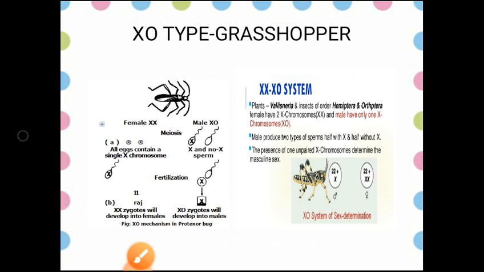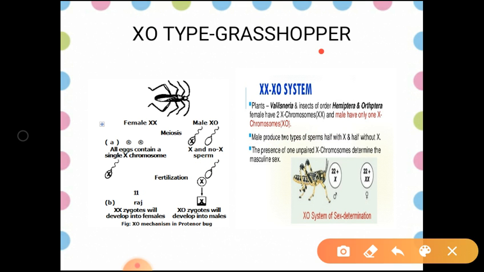Now, let us take the mechanism in an insect like the grasshopper. Here, what is happening? The male insect is again heterogametic and the female is homogametic.